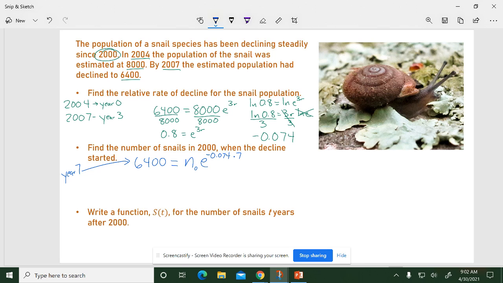So I have E to the negative 0.074 times 7. The nice thing here is that to figure out the initial amount, all you have to do is divide, so you don't have to do any logarithms. You divide by E to this exponent to cancel that out, and that's going to give you your answer.